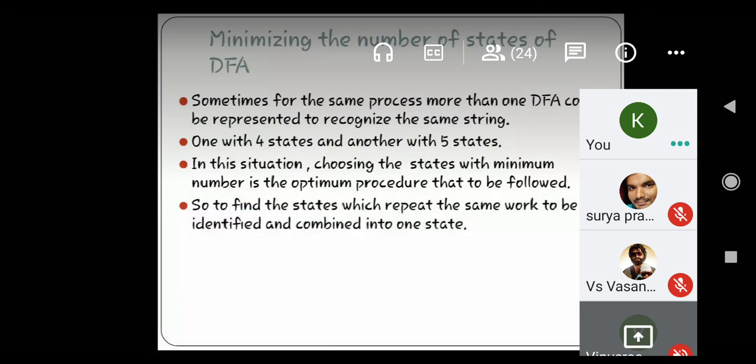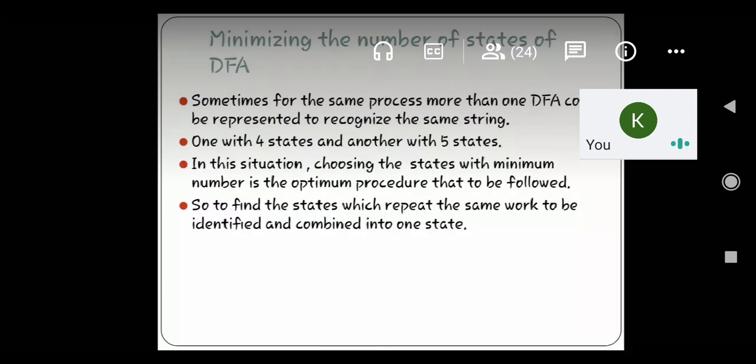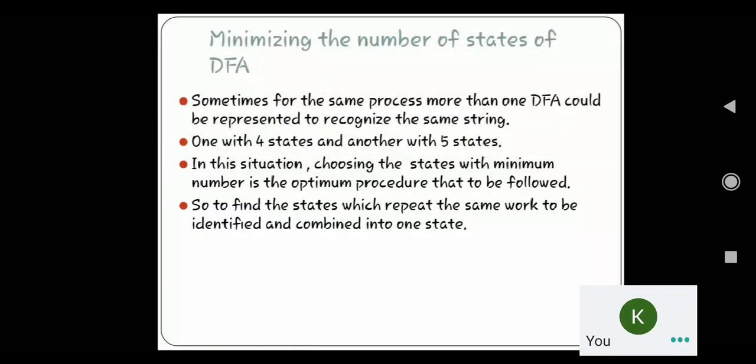Here I have given some examples that sometimes for the same process more than one DFA could be represented to recognize the same string. So you have a regular expression, and for that regular expression we would be able to construct two different DFAs, DFA1 and DFA2.